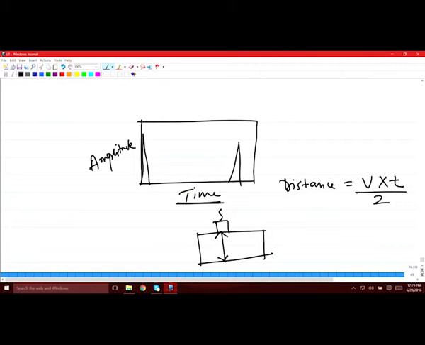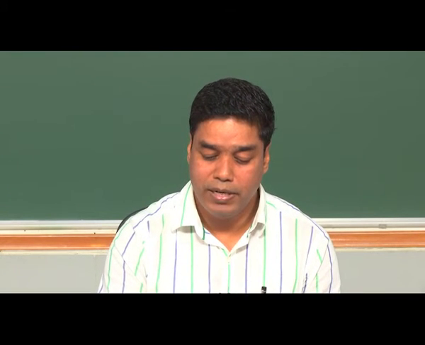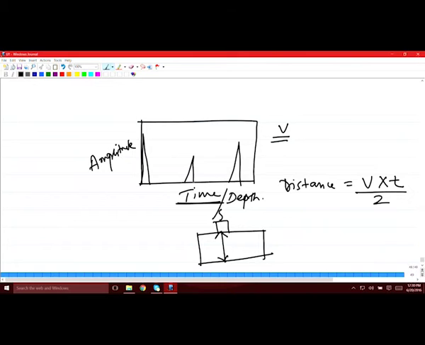So, once you give this V as an input to the instrument, this time base can be converted into depth or distance. And if your instrument is properly calibrated with respect to depth, then you could see at what depth a defect is appearing, directly on the display itself.